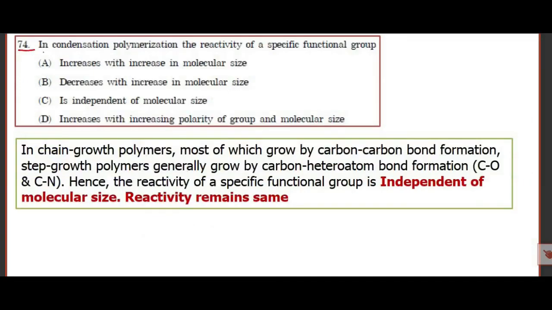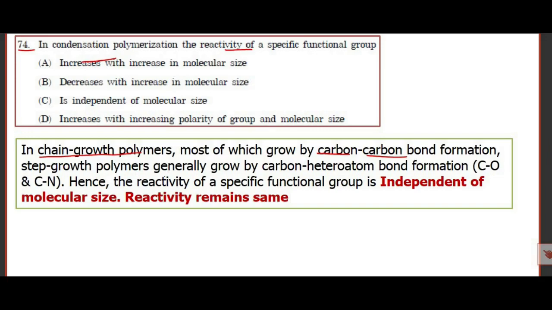Question number 74. In condensation polymerization, the reactivity of a specific functional group increase with increase in molecular size, decrease with increase in molecular size, independent of molecular size. Here, in condensation polymerization, the chain growth polymers, most of which grow by carbon-carbon bond formation.